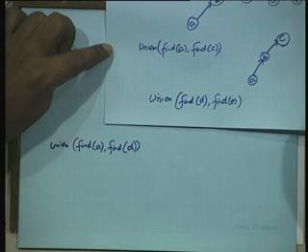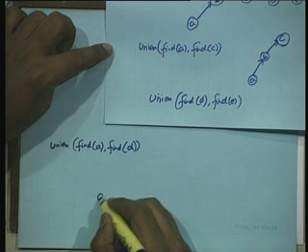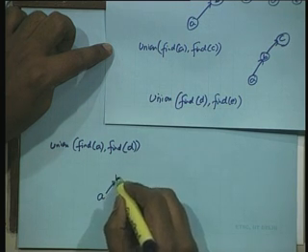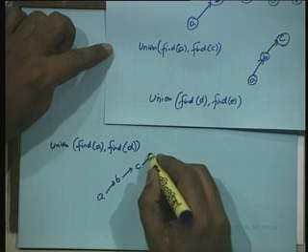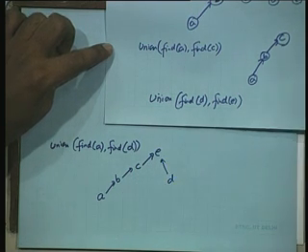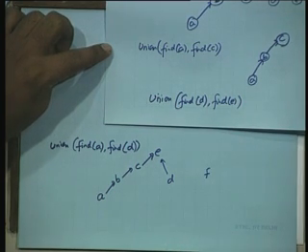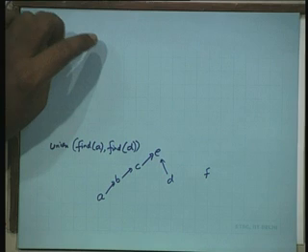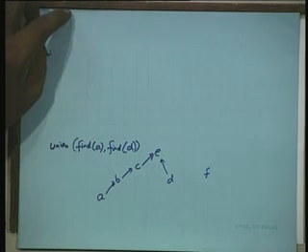I can make C point to E or E point to C, whichever I please. Let us say I decide to make C point to E. This is what I would get then, and of course, F would be sitting on its own. Everyone understands what the procedure is.